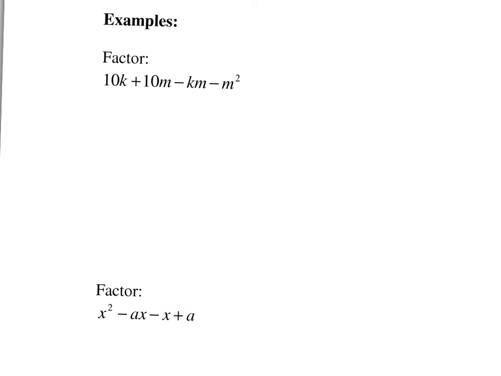So I'm going to scratch this example and rewrite it. I think this will be more like what's actually in the most current book. So 10k minus 10m minus km plus m squared. The signs are just different.